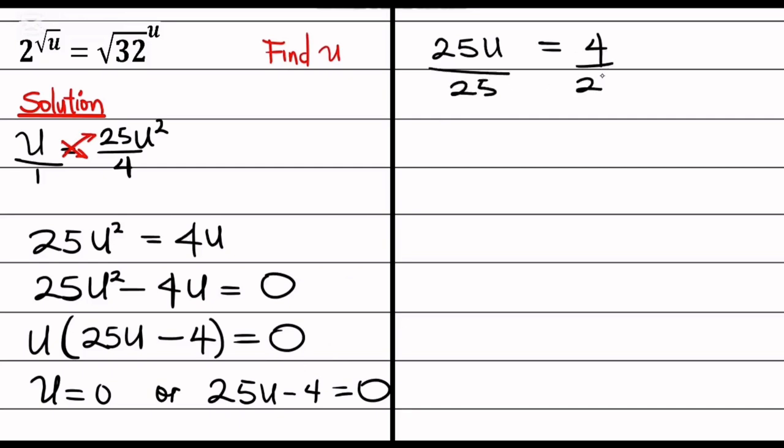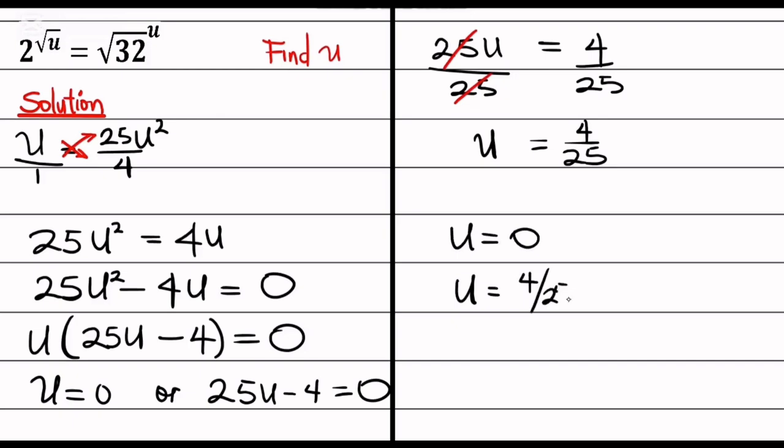So what do we have left? These go for this, and we have u equals 4 over 25. Now this is our final answer: u is equal to 0, and at the same time u equals 4 over 25. Final answer.